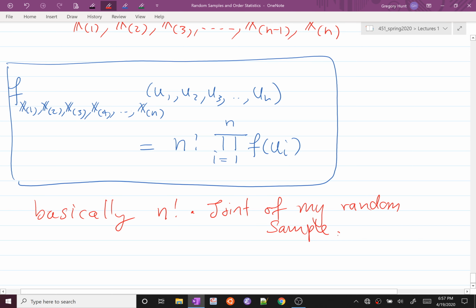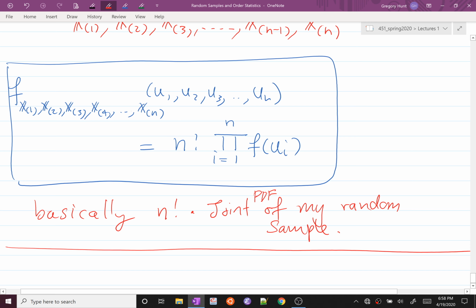And the idea is that the order statistics are just a reordering of my random sample, and there are n factorial ways to reorder my random sample. So we get n factorial number of ways times what would be the joint PDF of my random sample.